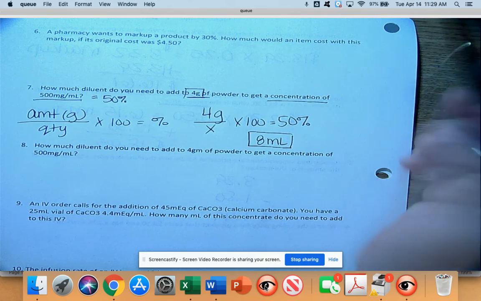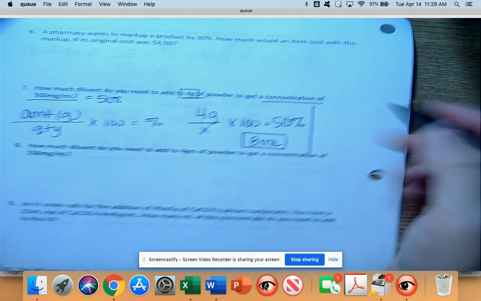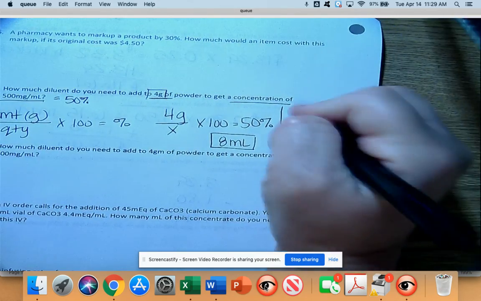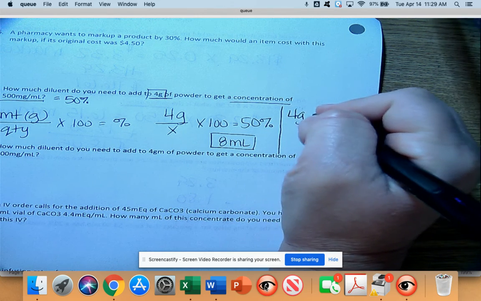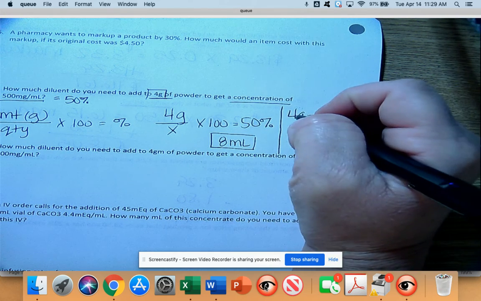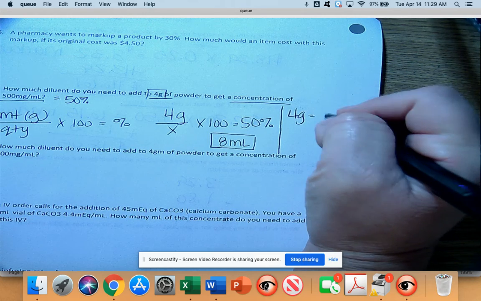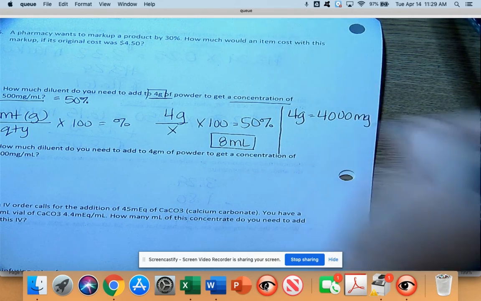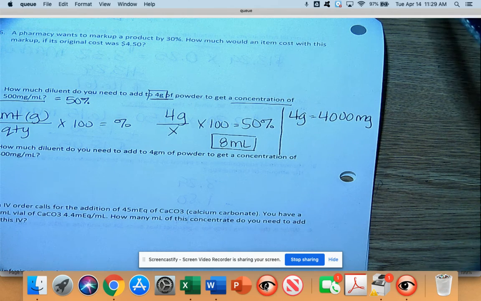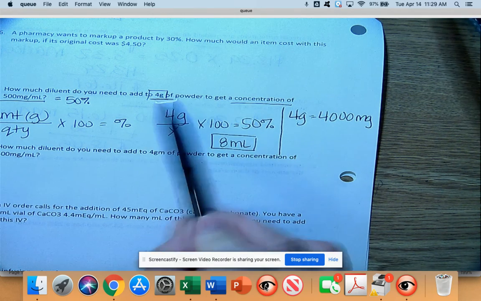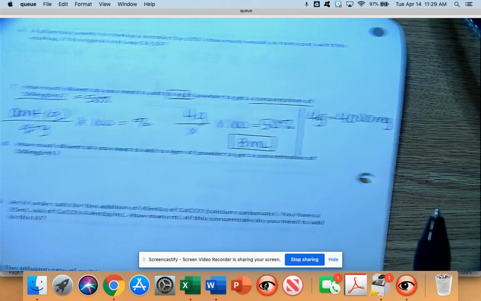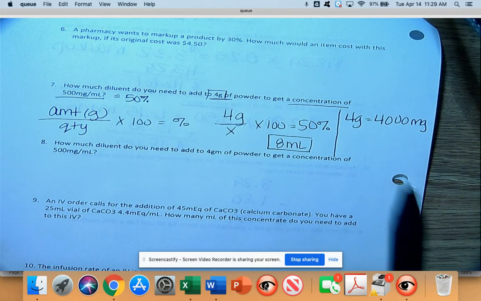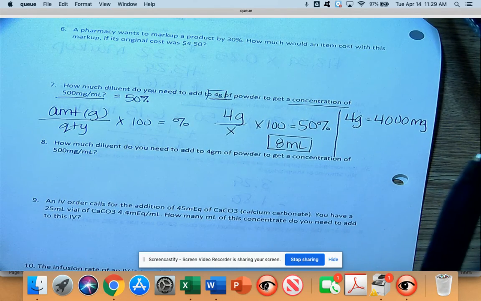Now, if I was going to do this the way that I like and the other way that I showed you, I would convert my 4 grams to milligrams first. To get to milligrams, we multiply times 1,000. So 4 grams is equal to 4,000 milligrams. So with 4 grams of powder, I have 4,000 milligrams of drug, and I want to get that to a concentration of 500 milligrams per ml.